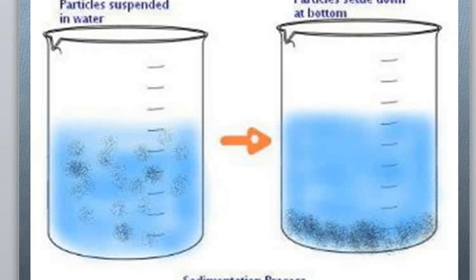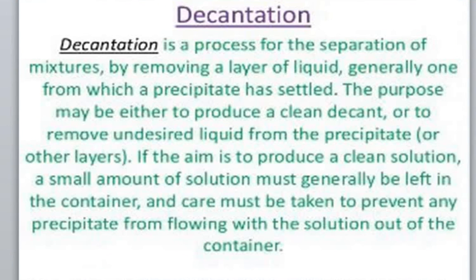In the sedimentation process, when heavier components in a mixture settle down after water is added to it and left undisturbed for some time, it is called sedimentation. Settled down solid particles are called sediments. After sedimentation, the decantation process can be done.